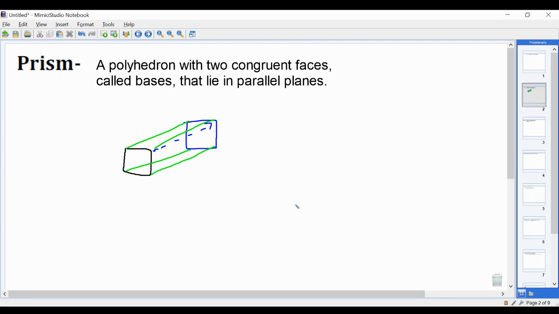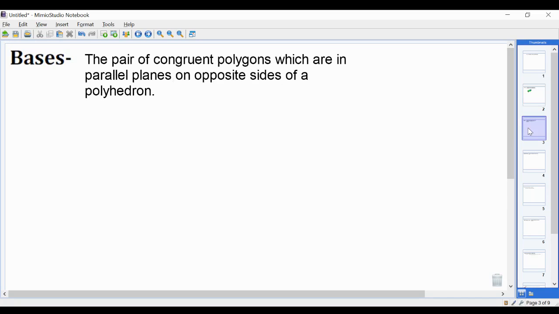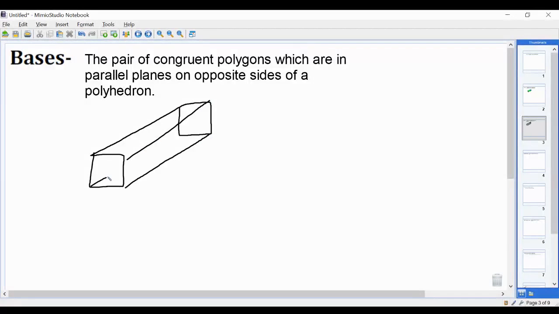Let's refine some of our terminology a little bit more. The bases are the pair of congruent polygons which are in parallel planes on opposite sides of a polyhedron. So we had our polyhedron here. In this case, it's a rectangular prism.